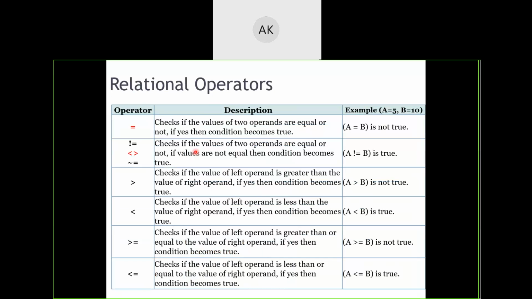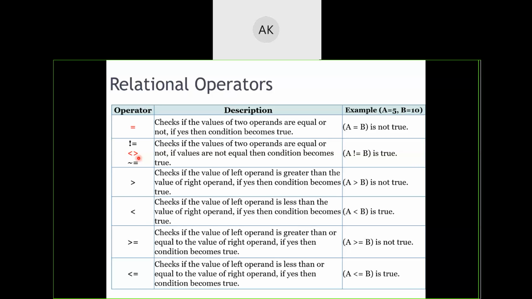So we have got all the relational operators coming back again, same as that of your SQL, but here this not equal to was there in your C language also, right? This not equal to can also be written as less than, greater than.